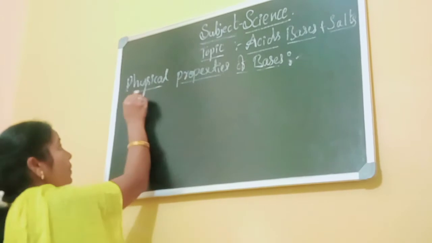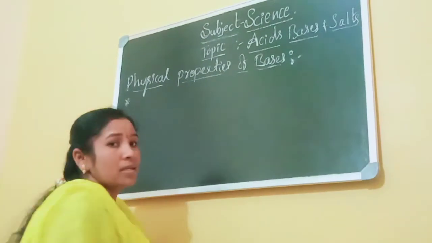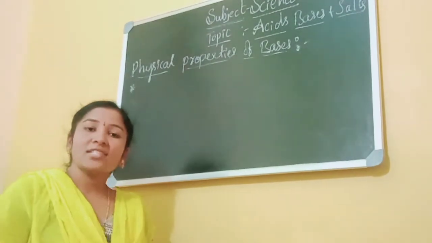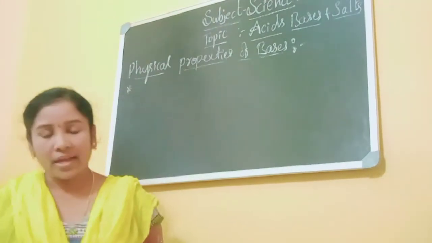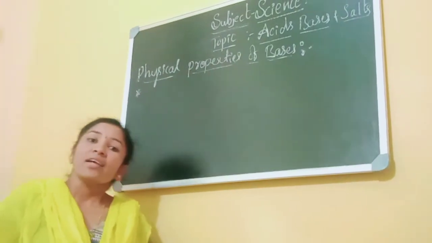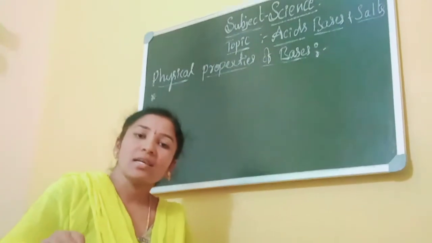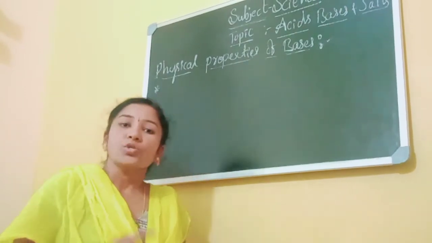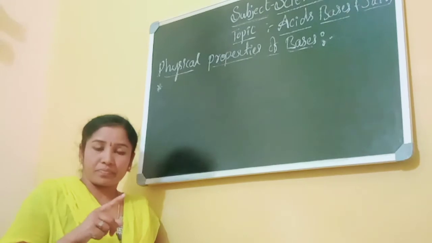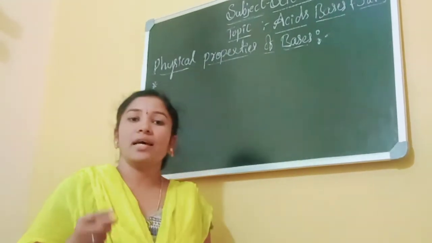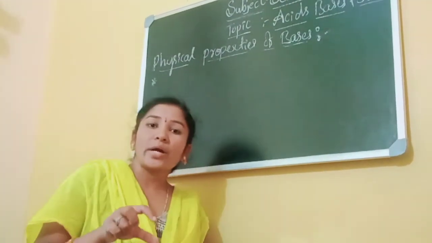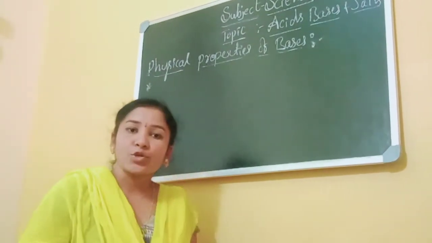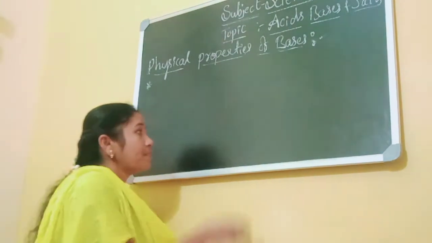Okay, physical properties of bases. See, these are opposite to acids. Dear students, we will go for a flashback to the acids. What is the taste of acids? Acids are sour in taste. Is it right? Acids turn litmus paper from blue to red, and acids completely dissociate to give H plus ions.